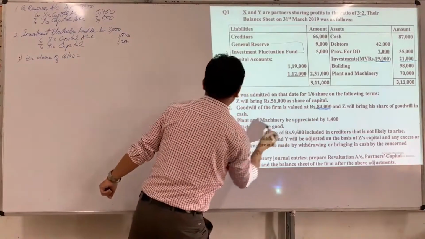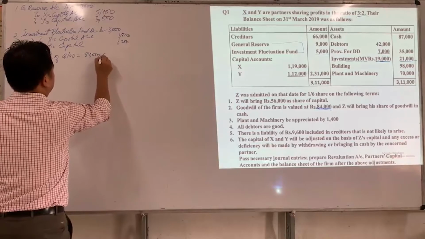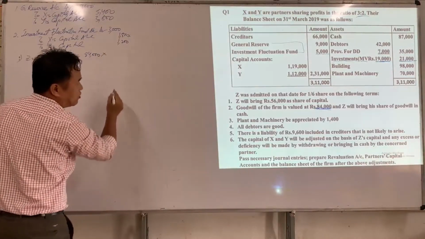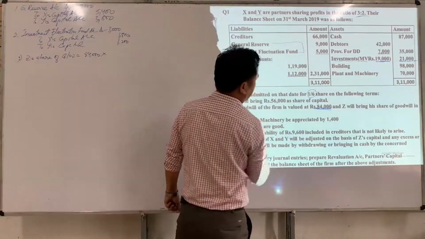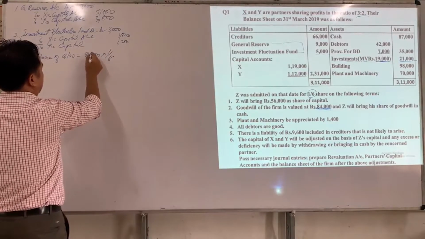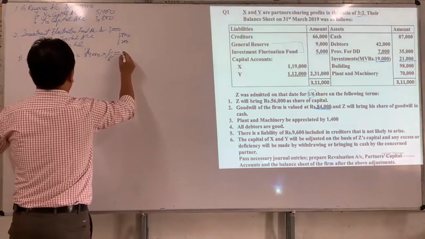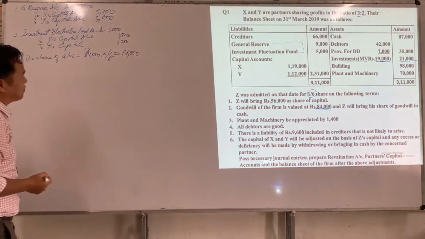We need to calculate the new partner's share of goodwill on the basis of the firm's goodwill, which is 84,000. And what is the new partner's share of profit? Yes, it is 1 by 6. 6 1 is 6, 6 4 are 24. So Z has to bring rupees 14,000 as his share of goodwill.